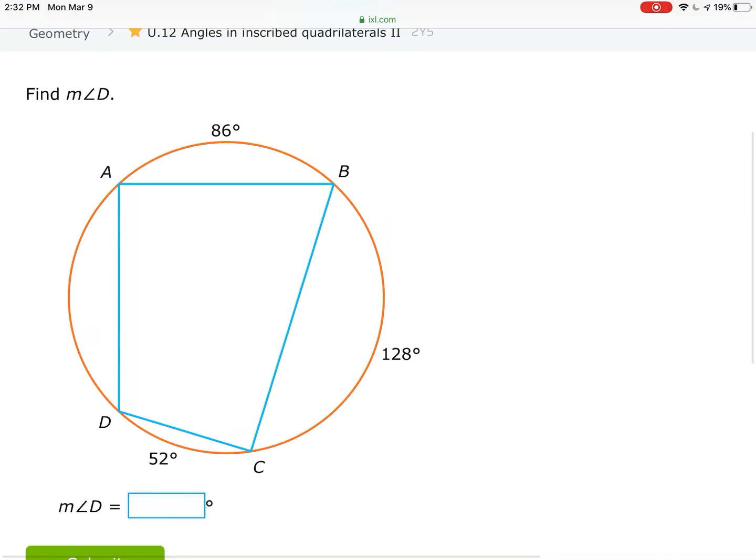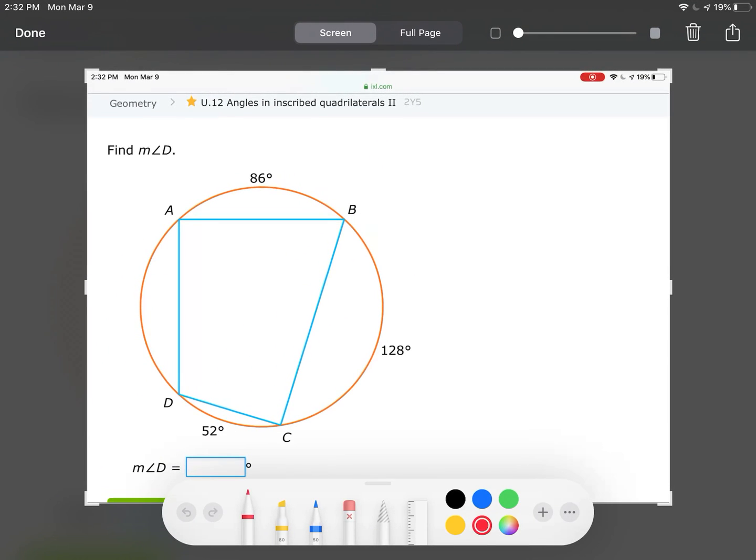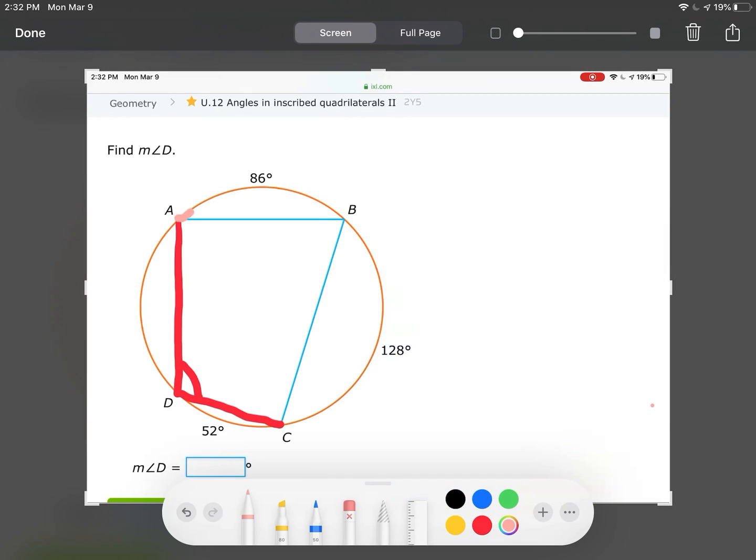All right, let's see what else we have here. This one's pretty easy, but let's just do it anyways. So this is angle D right here. If you follow its sides and trace it out, it opens up to A and C, and then if you trace out the arc that it subtends, which is this peach colored one, you see that we actually have information for both parts of the arc.